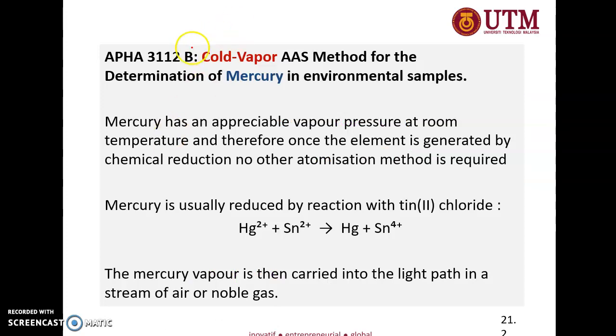And then we have another method, what we call the cold vapor AAS method, or we abbreviate it as CVAAS. Cold vapor, by the name itself, we can predict that the vapor that will be produced is cold, meaning that we don't need any heating. Why don't we need any heating?